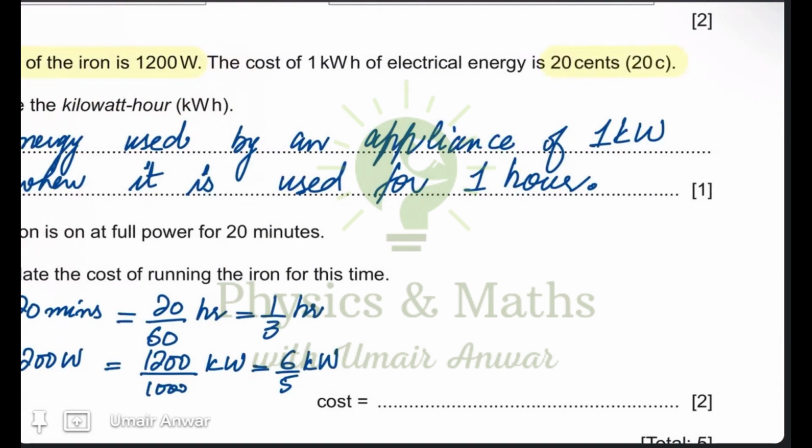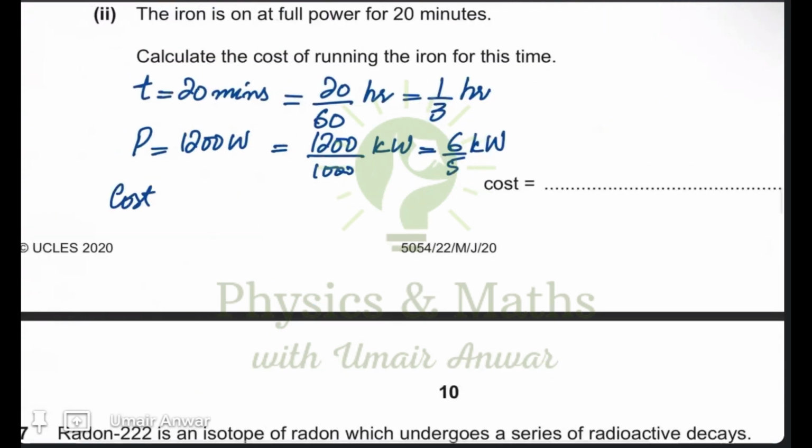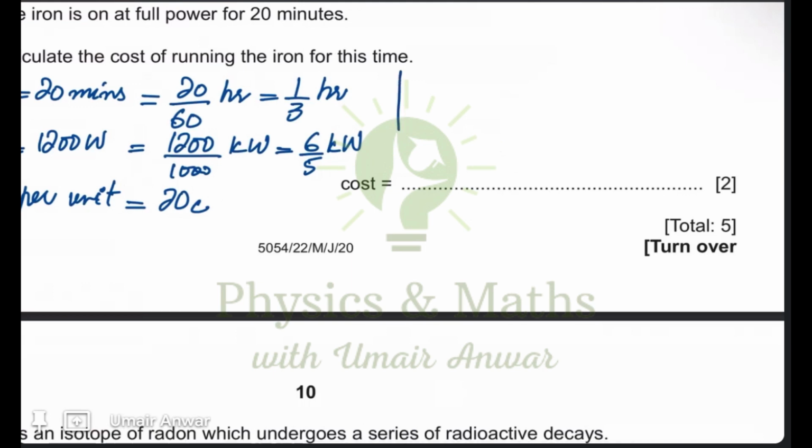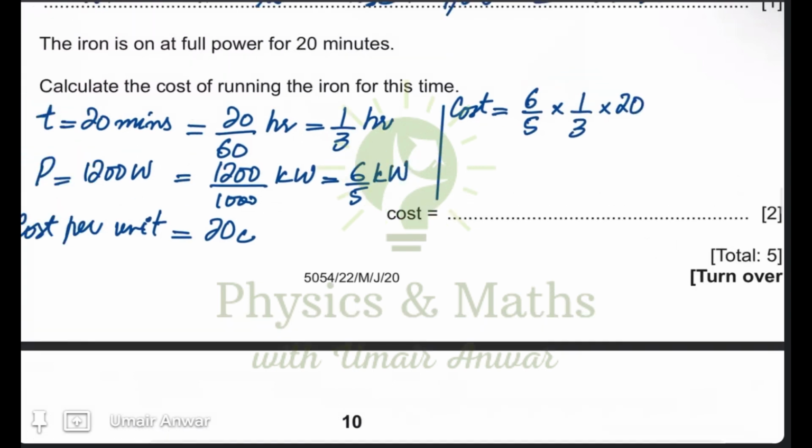So this is the cost per unit. So I'm writing cost per kilowatt hour or per unit is 20 cents. Now, the cost of electrical energy is power in kilowatts, which is 6 upon 5, multiplied by the time in hours, which is 1 upon 3, multiplied by the cost per unit.